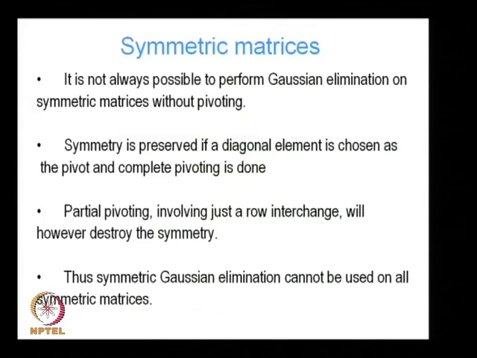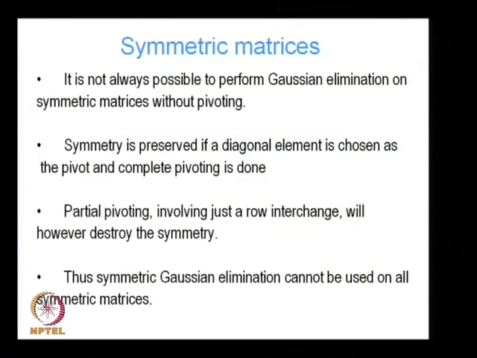This is only possible in two situations: either we perform Gaussian elimination without any row or column interchanges, or we do pivoting on a diagonal element, and when we do that we do complete pivoting, that is we interchange both the rows and the columns to preserve the symmetry of the matrix. If we do partial pivoting, which just involves a row interchange, we will destroy the symmetry of the matrix.